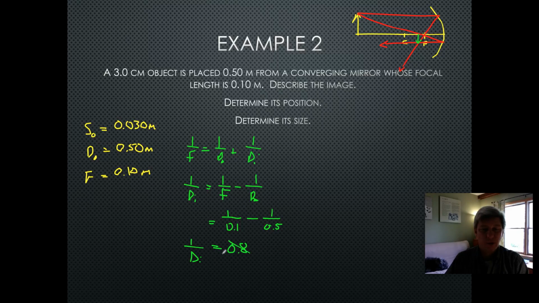nope, I lied, that's not true. Let's do the fractions. So 1 divided by 0.1 minus 1 divided by 0.5, and that's going to give me 8. All right, and then 1 divided by 8 is going to be 0.125.